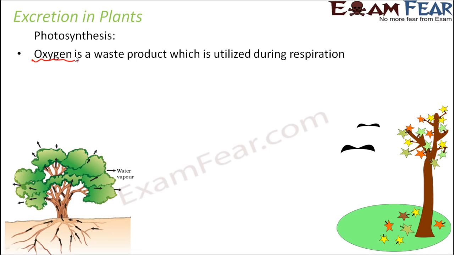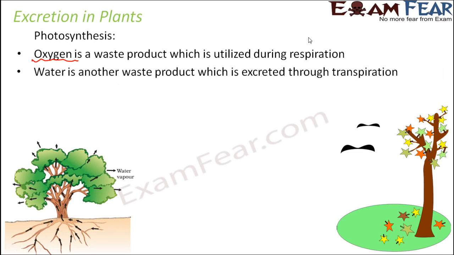So oxygen is a waste product during photosynthesis, but this oxygen is utilized later by the process of respiration. So when I say excretion, the waste product was oxygen, but then again oxygen was utilized for respiration. Water is another waste product which is excreted through transpiration.